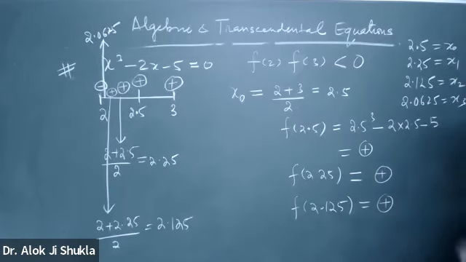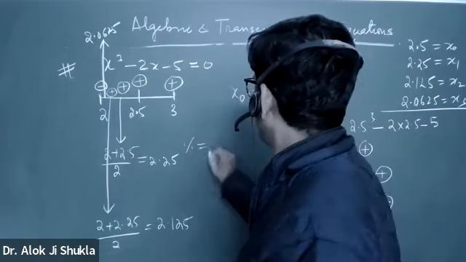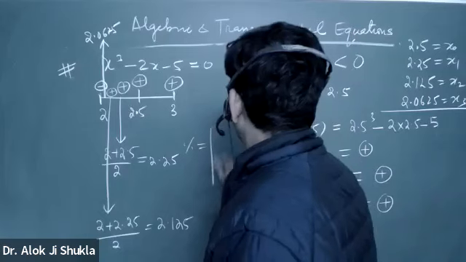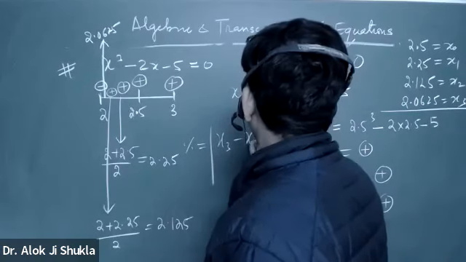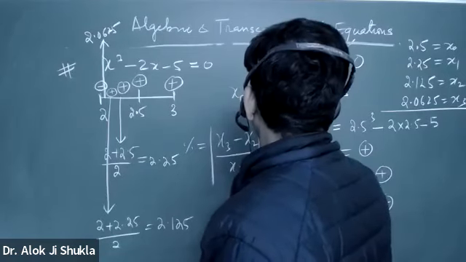And if anybody asked what is the percentage error at this point, so what I will get is x3 minus x2 by x3 into 100.